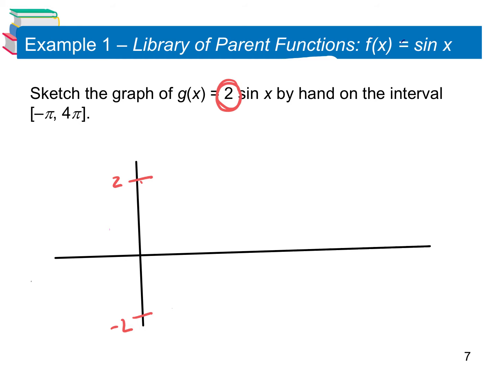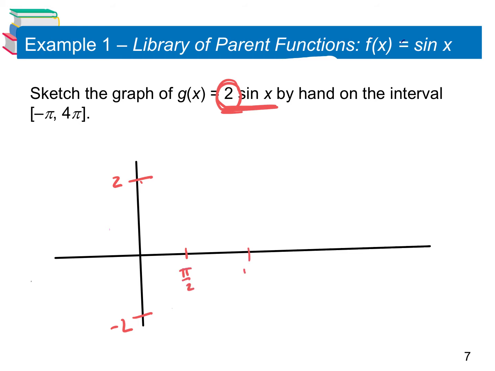Our intervals on the x-axis, when it's just our basic graph and we have no transformations, are the same intervals that we have on our unit circle. So like in degrees, it would be 90, 180, 270, 360. But here, we always have to put it in radians. So this would be pi over 2.